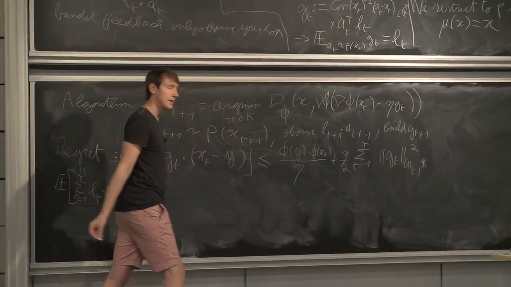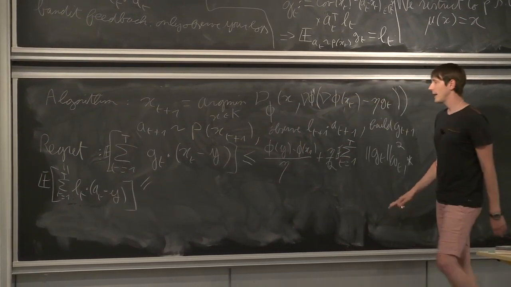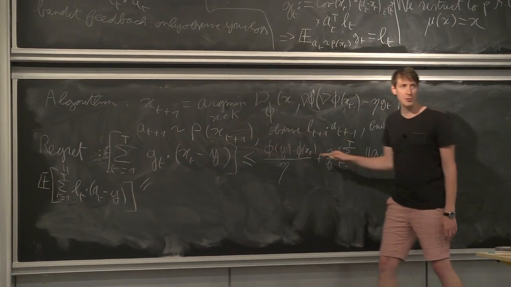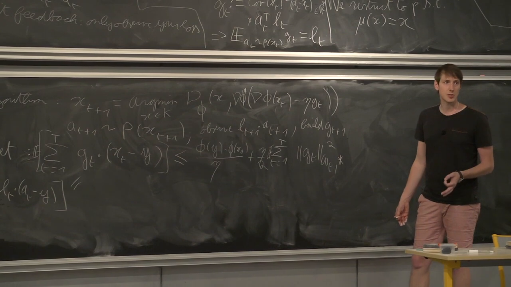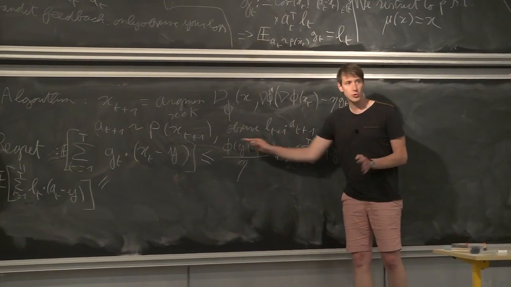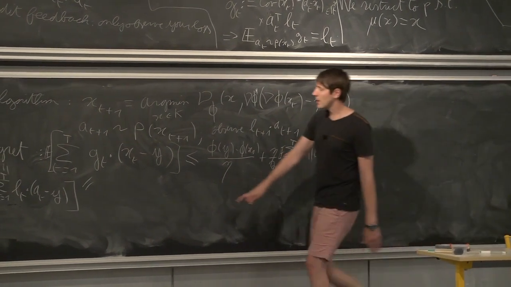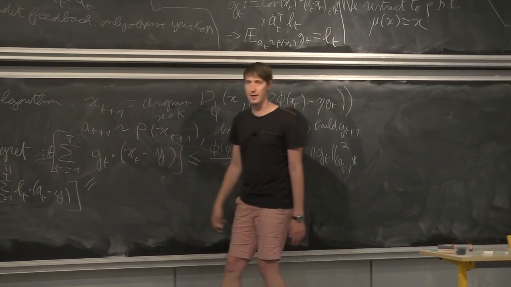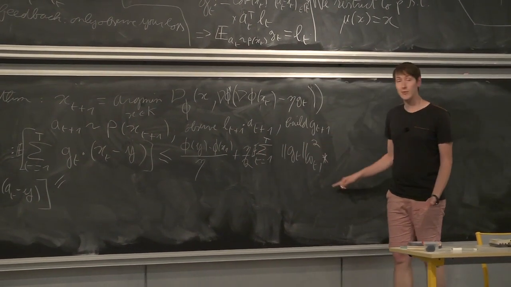So maybe let me put an expectation here also. I didn't want to put an expectation the first time I wrote this inequality because I wanted to emphasize that it's not an expectation inequality. This inequality was just true, there is no randomness in it. The randomness only appears when I want to relate that guy to that guy. But the randomness is also going to appear now when I want to bound the variance.